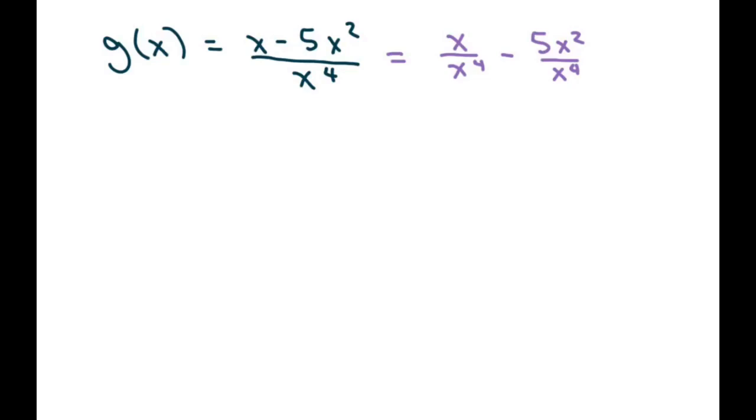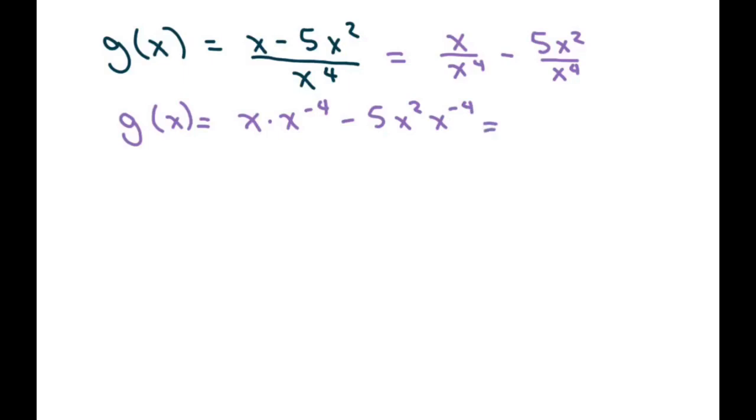And then I want to go ahead and write this as g of x equals, and if you move this up, this is going to be x times x to the negative 4th minus 5x squared times x to the negative 4th.